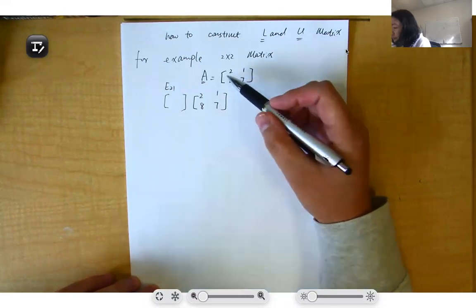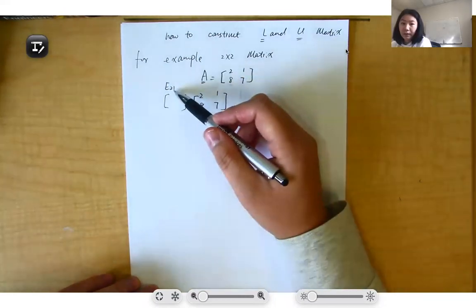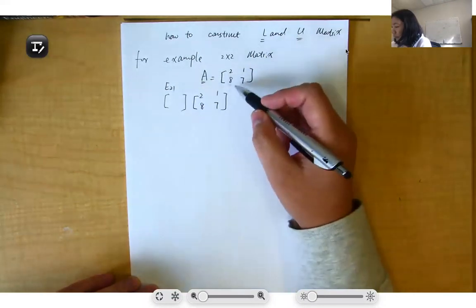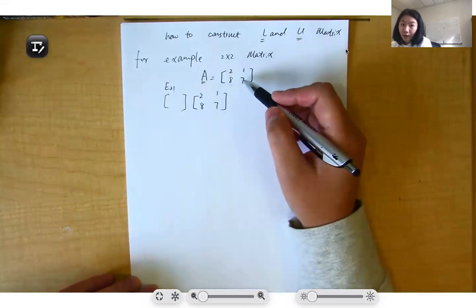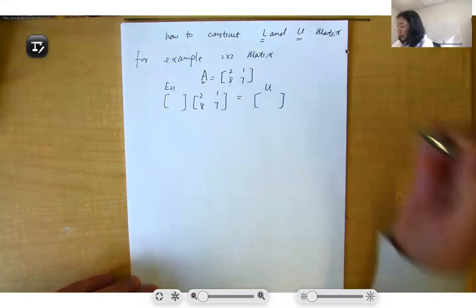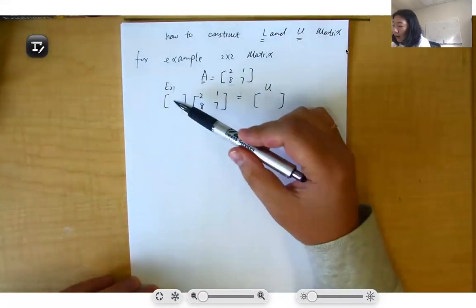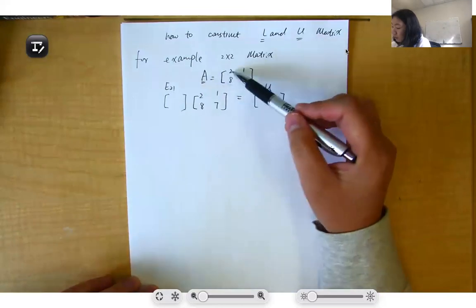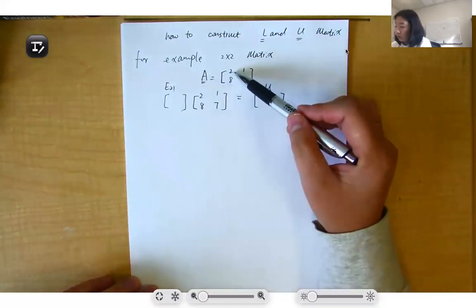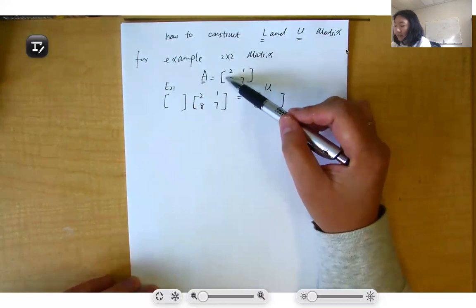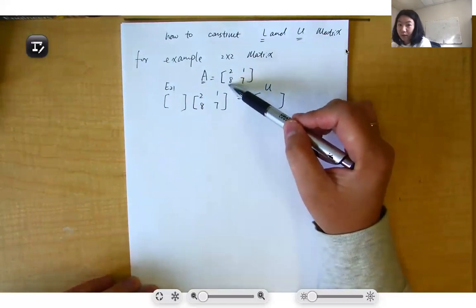So you need to find the elementary row matrix to convert this 8 to 0 in order to have the whole A become upper triangular. And what is the row matrix to convert this 8 to 0? Consider the scaling parameter, which is A21 divided by A11, that will be 4. But you need to eliminate this 8, so it should be minus 4 there.